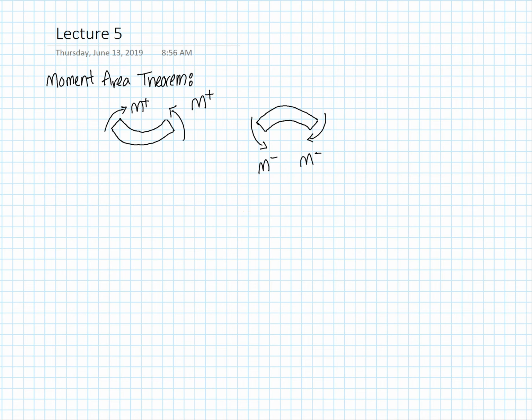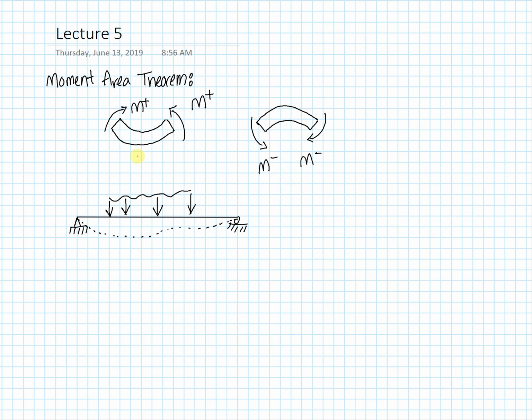And so I could give you a beam, perhaps simply supported, and this beam can have any arbitrary loading on it. And the corresponding deflection due to the externally applied loads can have any arbitrary shape, kind of like that.